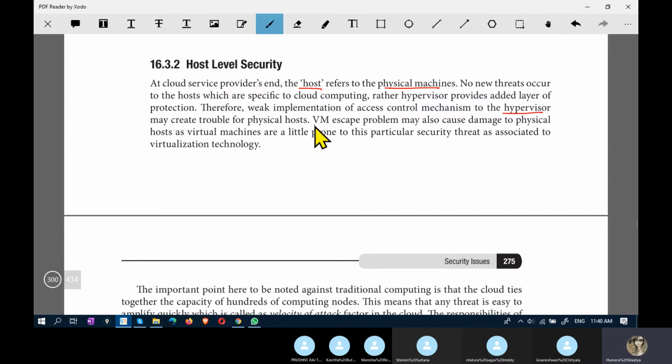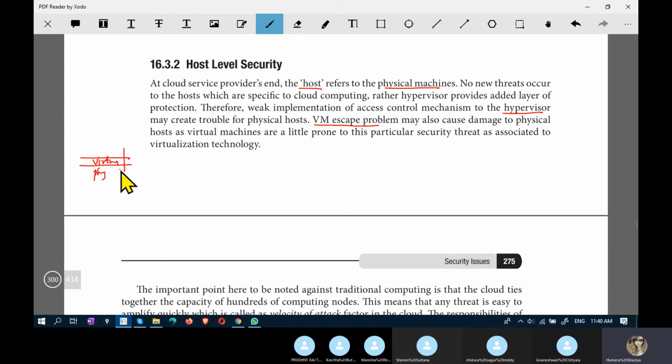However, there is a problem known as the VM escape problem, and this problem refers to a situation in which people gain access, means they just bypass this virtualization layer. This is the virtualization layer, and here you have the physical resources.